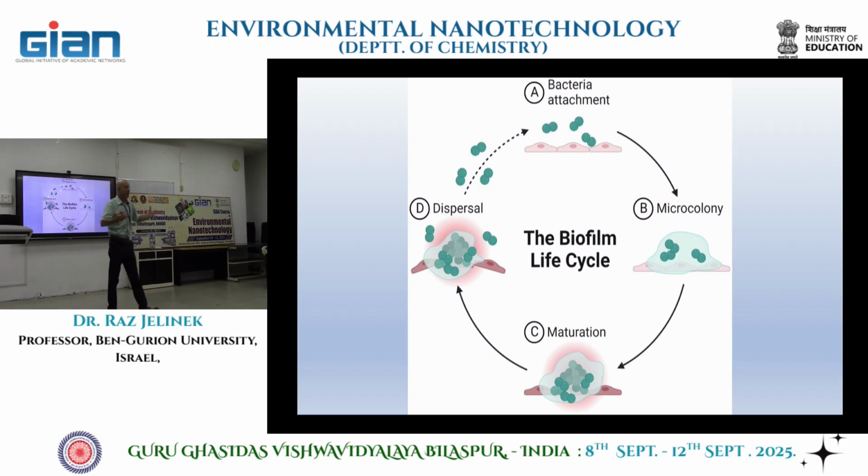They can proliferate. They can grow. The body cannot affect them. And after they grow, and you have millions of bacteria inside this biofilm, then they go out, and for the body, it's much more difficult to fight millions of bacteria. And then you're sick.